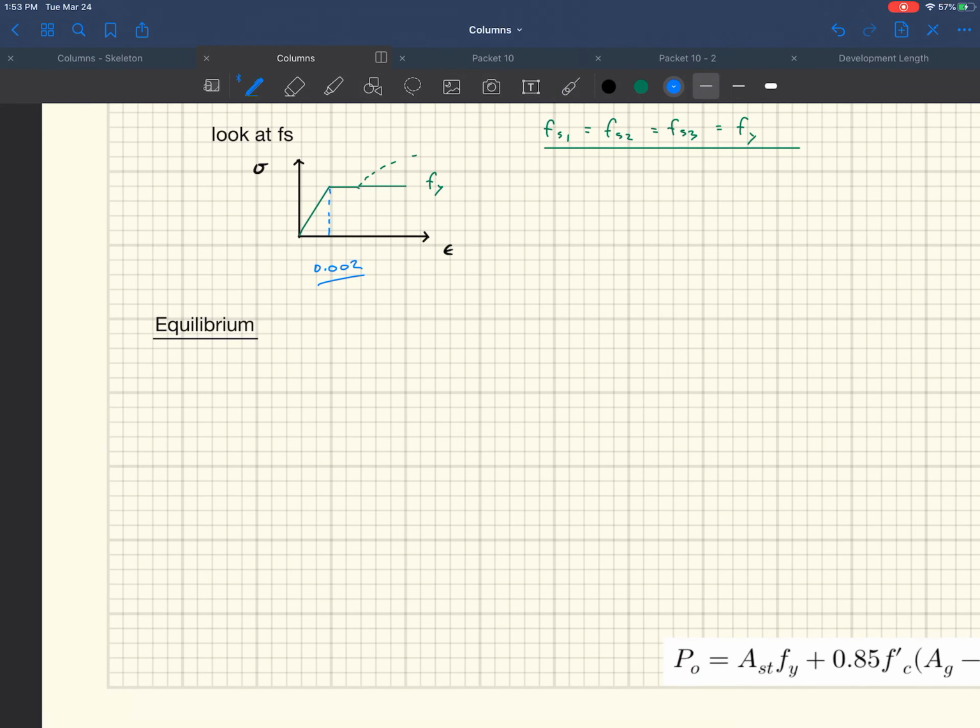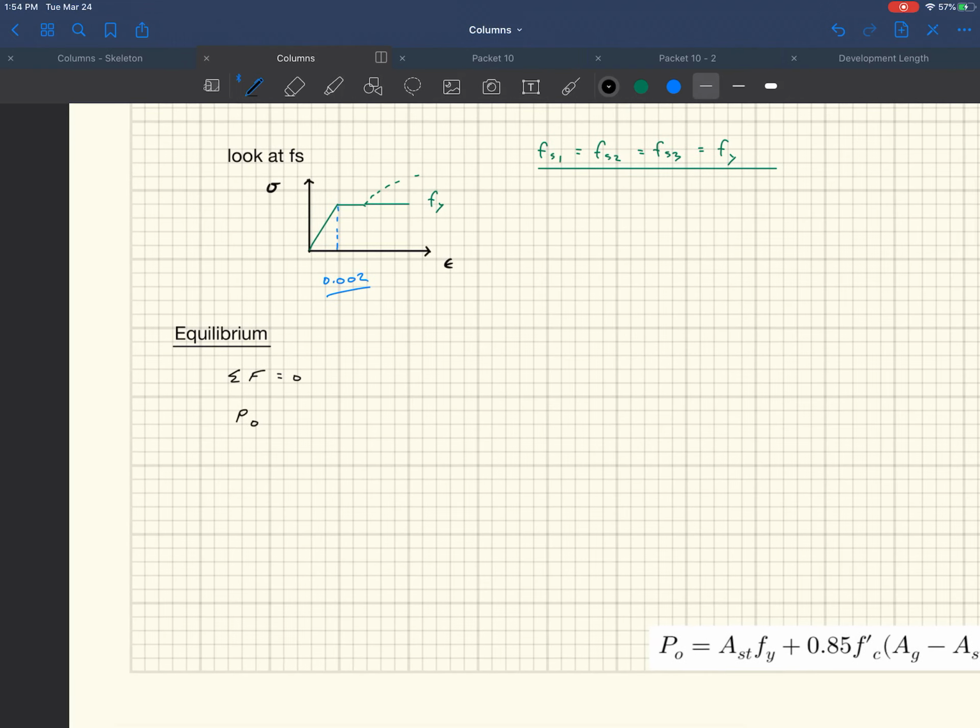So let's just keep going with this. We're almost done with this little derivation here. The sum of the forces has to be equal to 0. If not, this thing is accelerating. That's something that we should avoid with our structures, having them accelerate. And so we're going to look at the applied load P naught, the load that we're going to apply to the top of the structure, how much load we can apply to it.